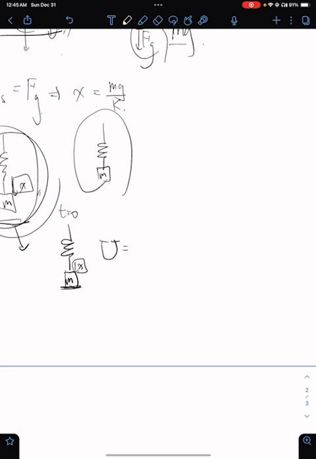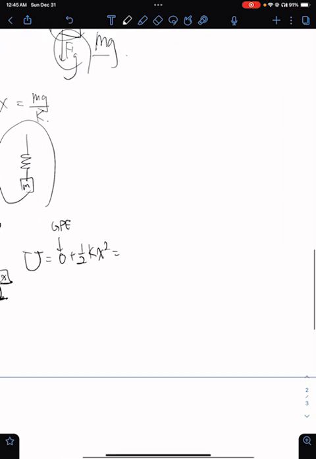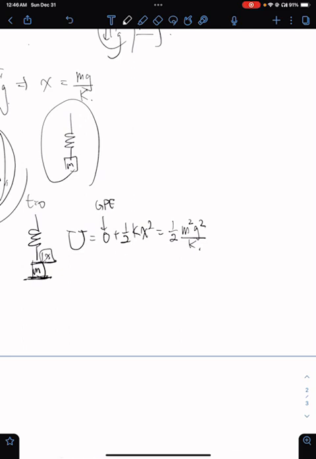The gravitational potential energy, let's just say that is 0, plus the spring's potential energy, which is 1/2 kx squared, which is 1/2 m squared g squared over k.